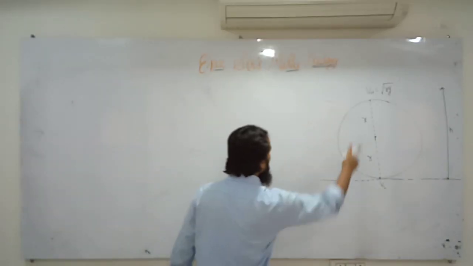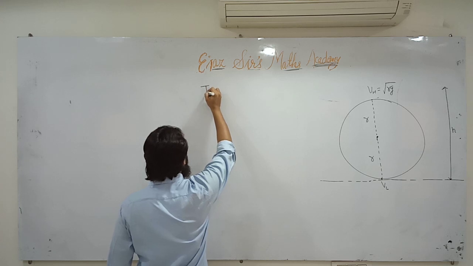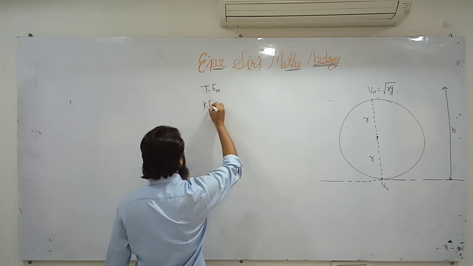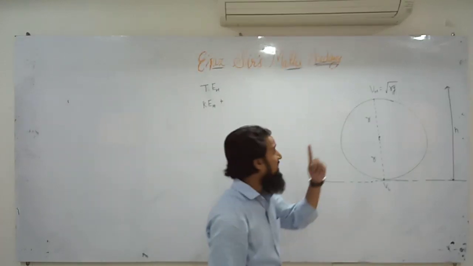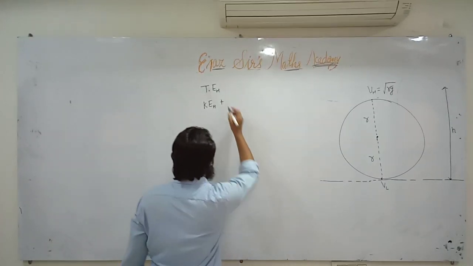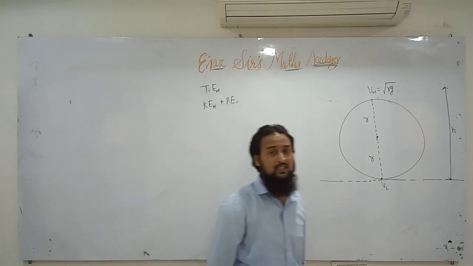See, when the stone is at the highest position, total energy at the highest position will be kinetic energy at the highest position, and there will be some kinetic energy because it is moving, it is completing the circle, and there will be some potential energy also, gravitational potential energy.